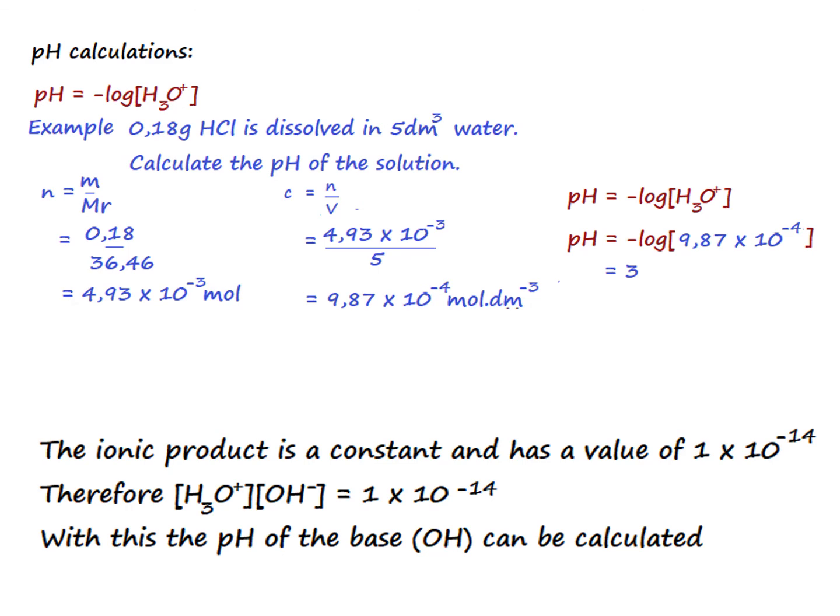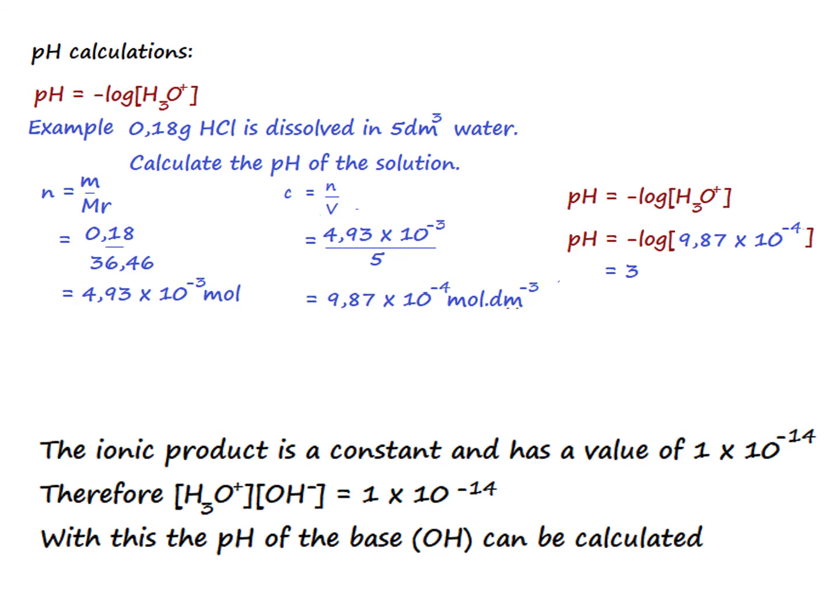Now you can go ahead and calculate your pH. Your pH equals minus the log of the concentration of the acid, which is the concentration of the hydronium ions. So pH equals minus the log of 9,87 times 10 to the power negative 4, and the value that you will get is 3.